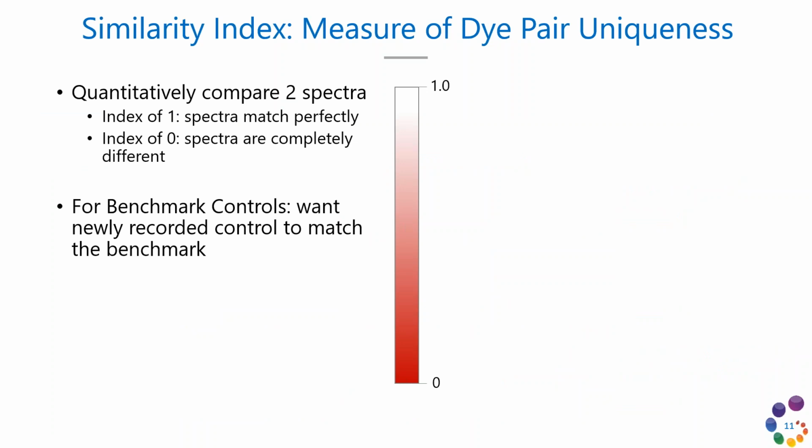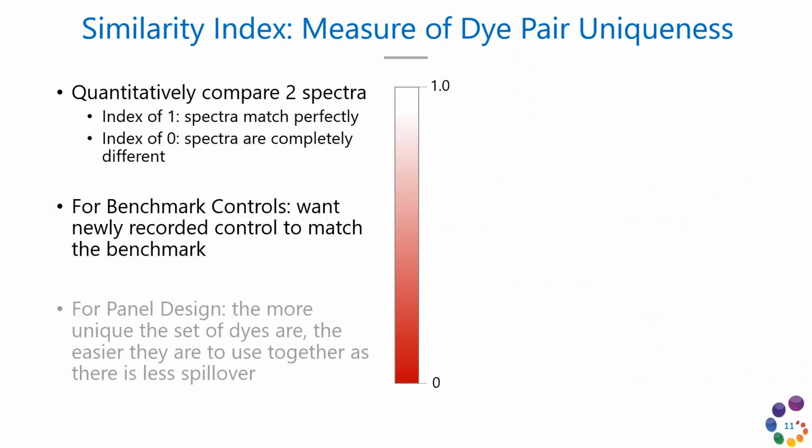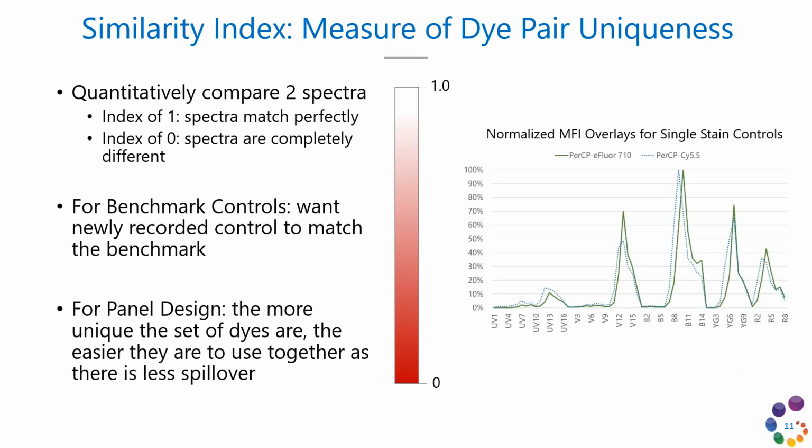In addition to using the Similarity Index to check that you ran the right control for your experiment, you can also use it to help with your panel design. The more unique the set of dyes are in your panel, the easier they are to use together, as there's going to be less spillover spreading. To give you a couple examples of this, here's one set of dyes that will appear in the data sets today.